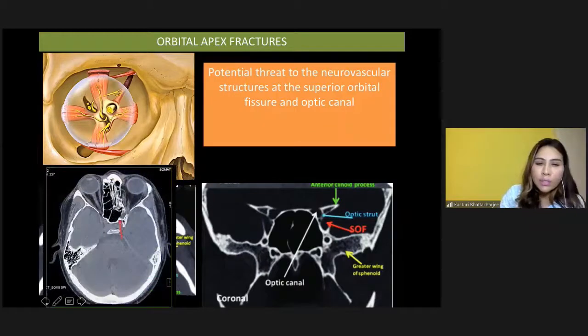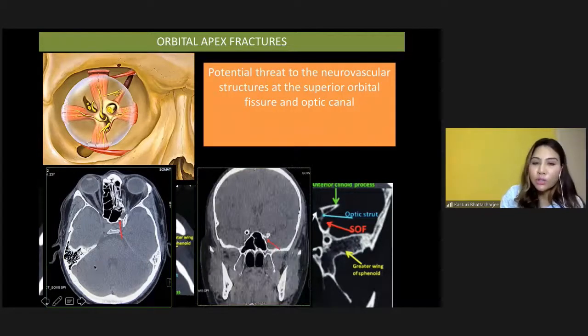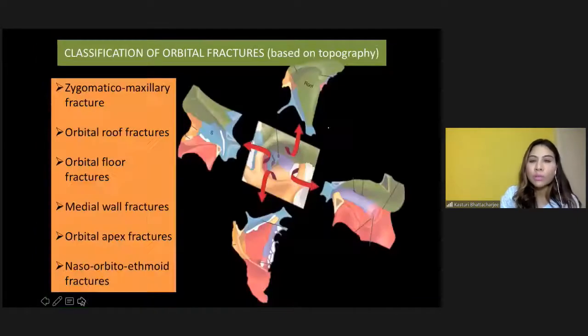Like in this patient you can see there's a trauma in the apex, and this bony fragment is impinging on the optic canal, the optic nerve. So this is something very serious where you need to operate and remove this bony segment which is impinging the optic nerve.